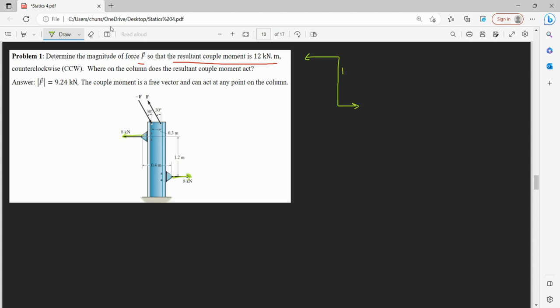So I'll draw this schematic again, 1.2 meters, it's 8 kilonewtons. If we connected them, that would go in a counterclockwise direction. Now let's split our F into X and Y components.